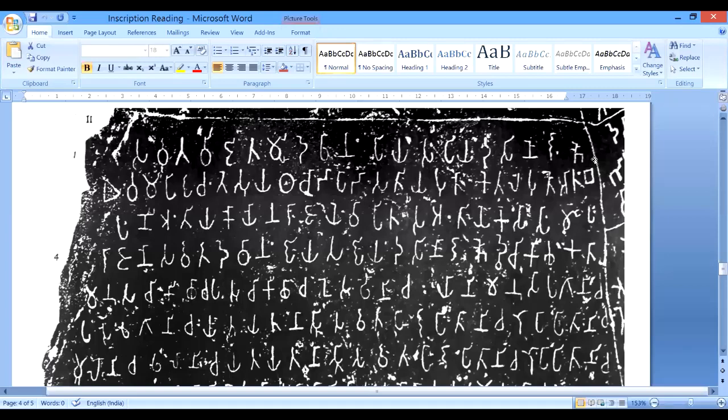If you look at the way of writing conjuncts, there is a vertical way and a horizontal way. In Brahmi, it is only the vertical one, never the horizontal. One letter below another. If you clearly observe the conjuncts, you can see the first letter is half pronounced, and the other is with the full.